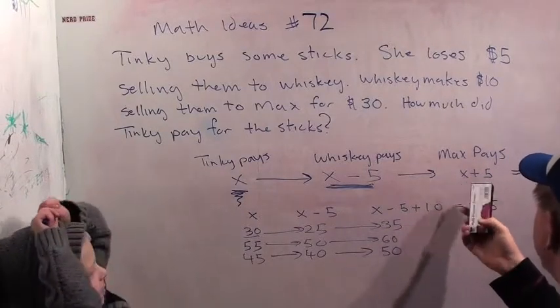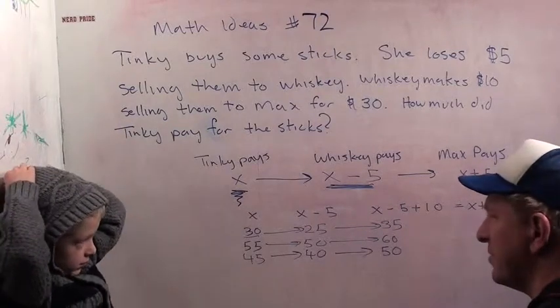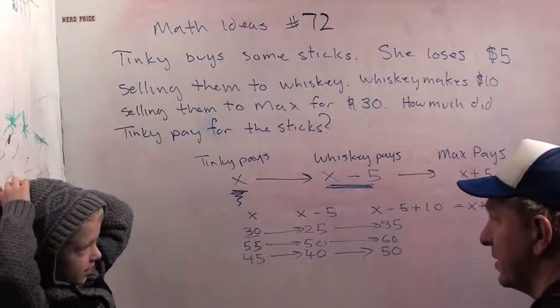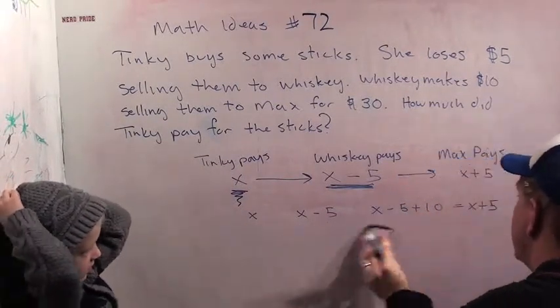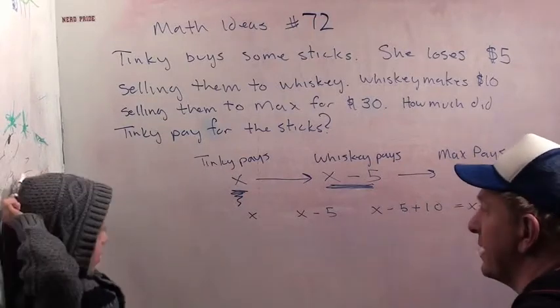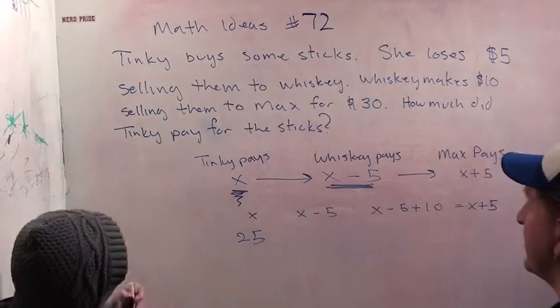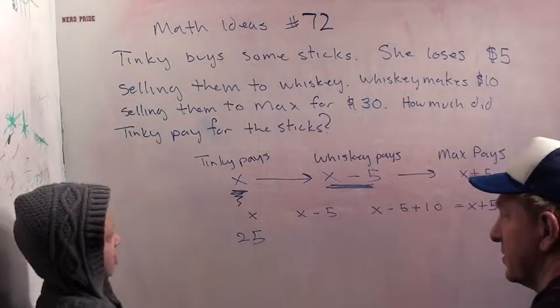And we have to find some number so that X plus 5 equals 30. How are we going to solve that equation? I think it's 25. Oh yeah? Okay. Let's put 25 into our magic machine. So if Tinky pays 25, and then she sells them to Whiskey for X minus 5, which is how much? 20.